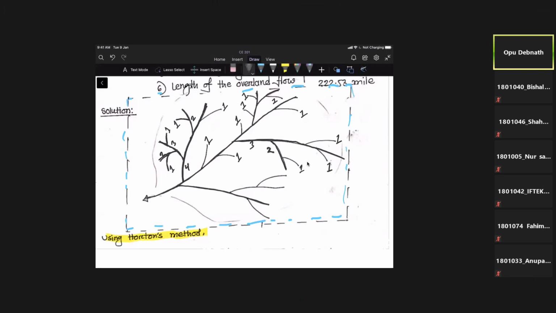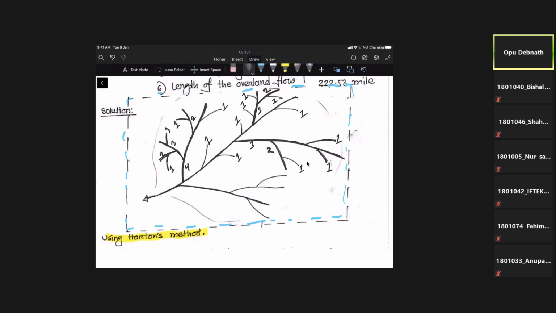So this whole tributary is 3, and from 3 we have some branch like 1. Okay, and here, if this is 1, this must be 2, and if this one is 2, the propagating one will be third order.